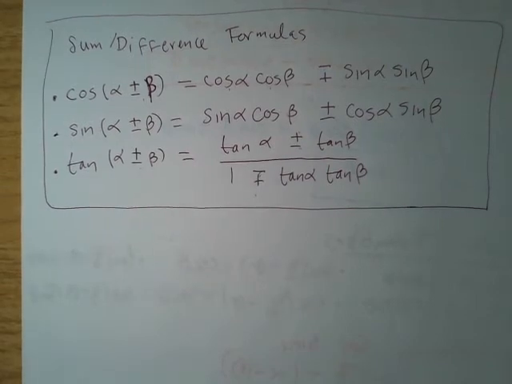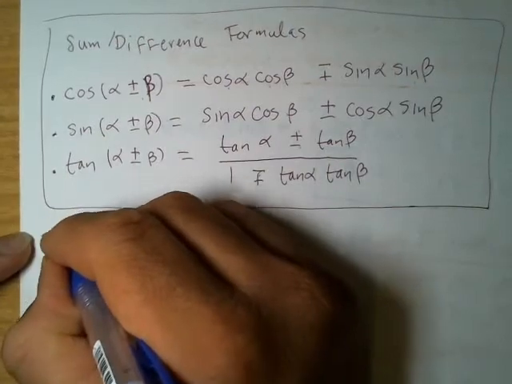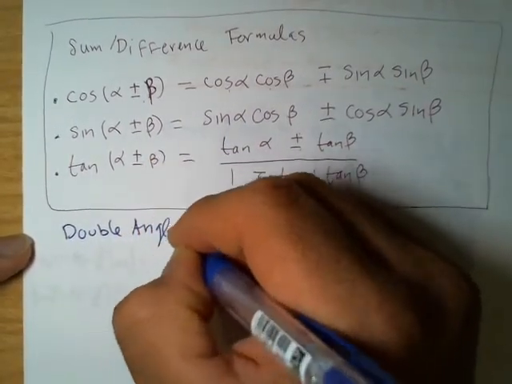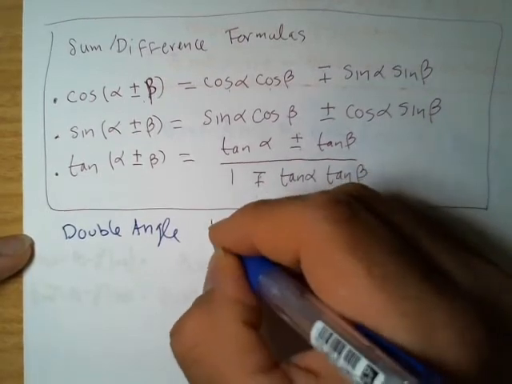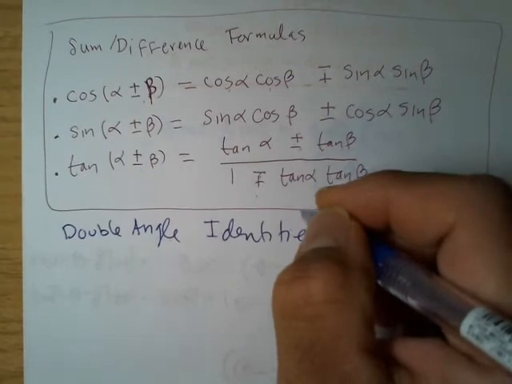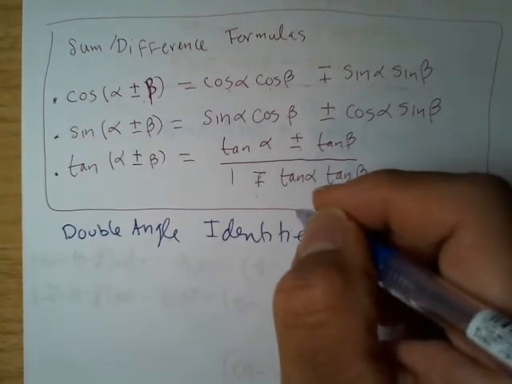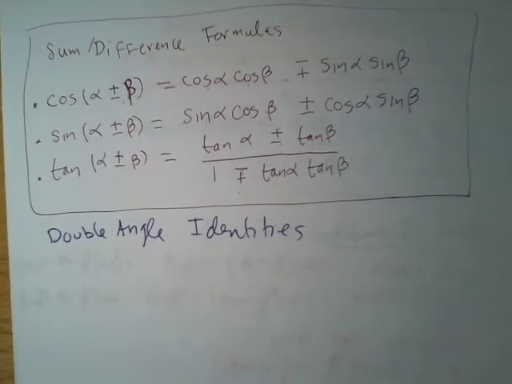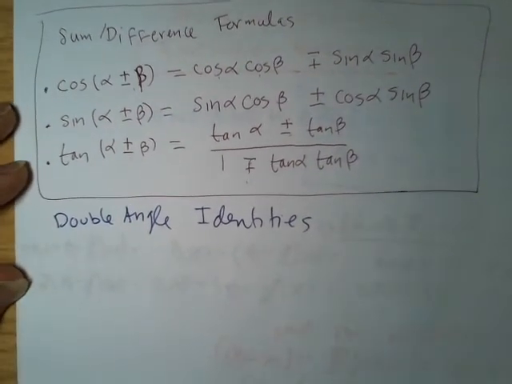Now we're going to go over the next formulas, known as the double angle formulas. All of these stem from what we've proven before. We're going to use what we've already proven to prove even more identities.